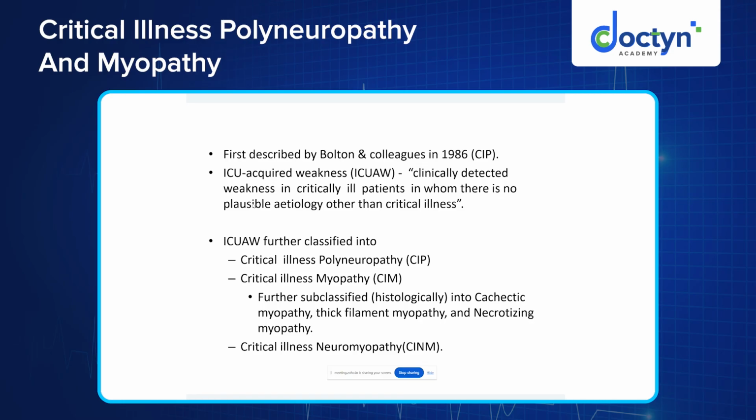So there are three basic classifications: the first is CIP, the second is CIM, and the third is neuromyopathy, that is CINM. Myopathy is further divided into cachexic, thick filament, and necrotizing.